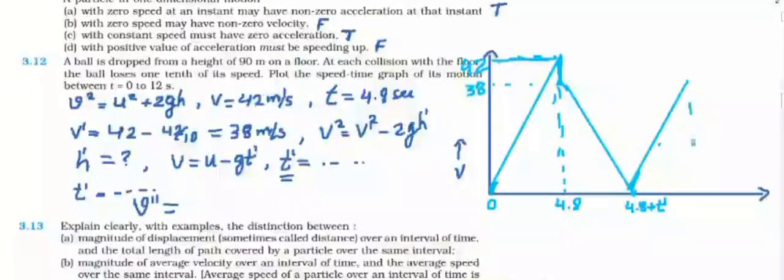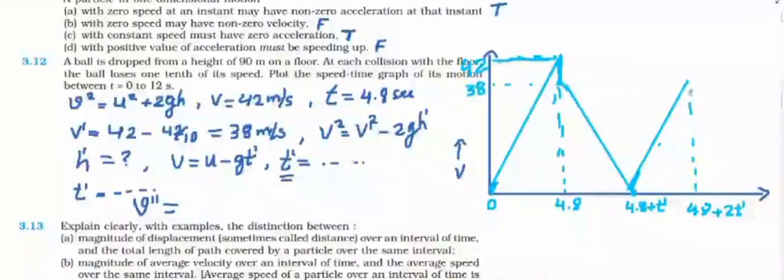So that here time will be 4.8 plus 2 t dash, because the time taken by the ball to reach the maximum height is equal to the time taken by the ball to return back.